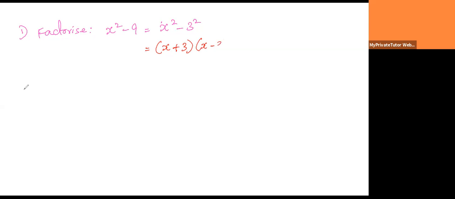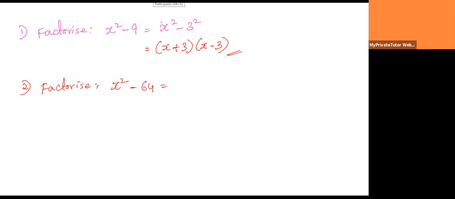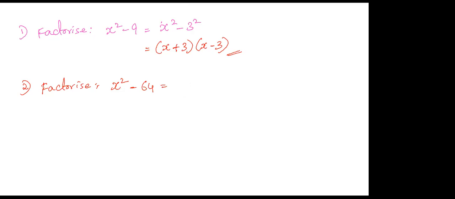Factorize x square minus 64, guys. Muhammad, would you like to try? Mira. X plus 8, x minus 8. Yep, x square minus 64, because 8 multiplied by 8 is 64.